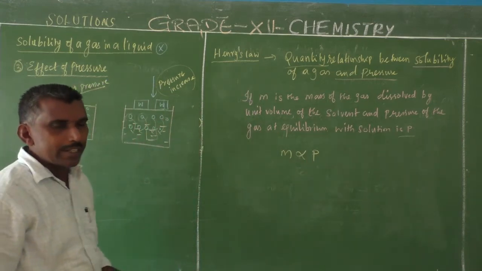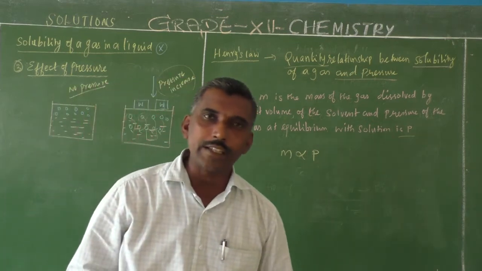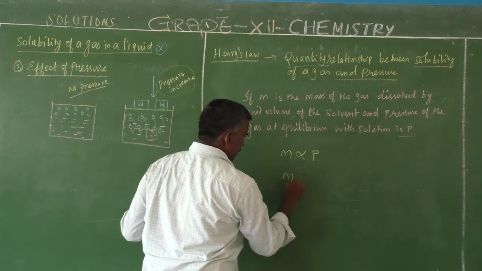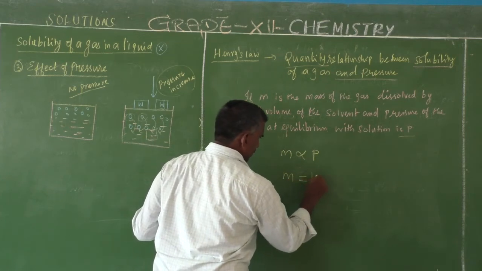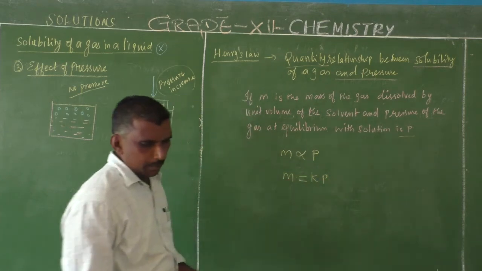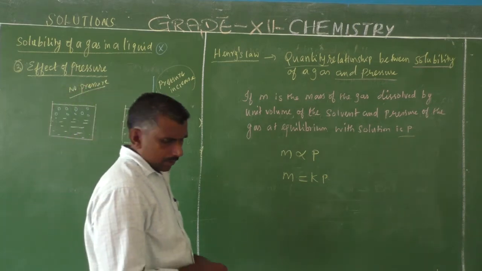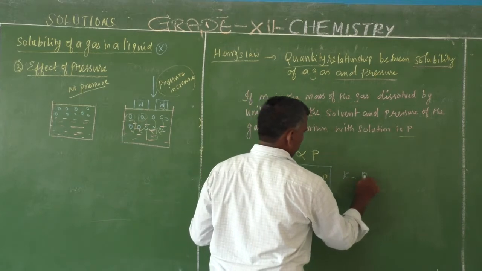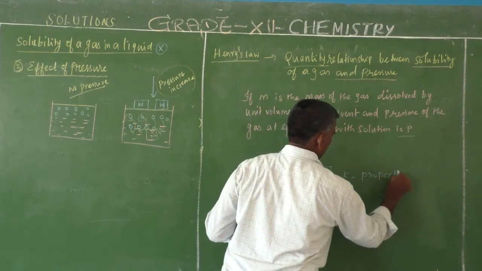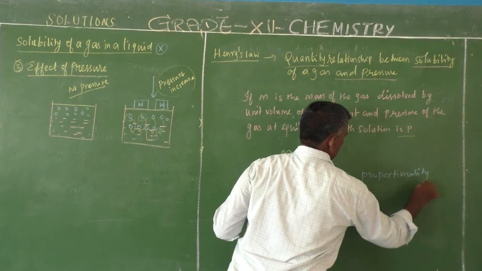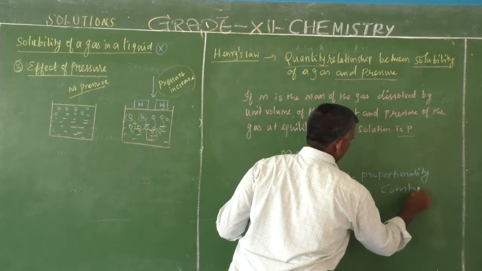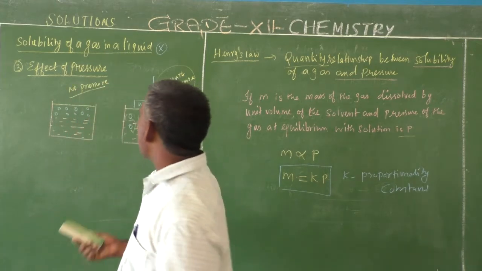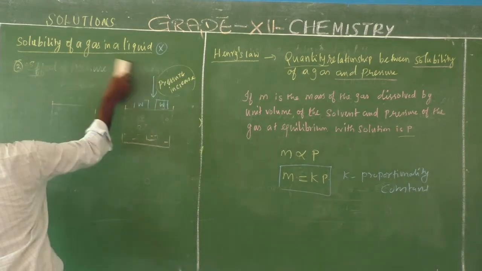So when pressure increases, the solubility of the gas increases. Now with a proportionality constant, m is equal to Kp, where K is a proportionality constant. Now I will give the graph.